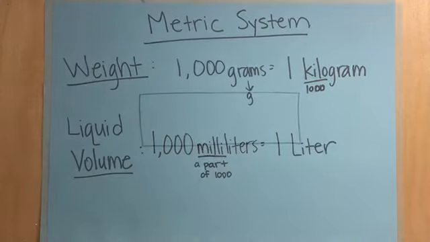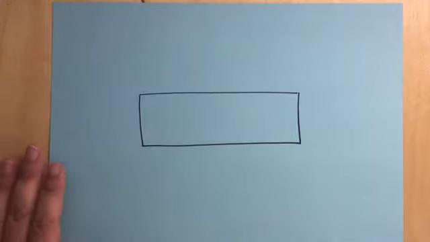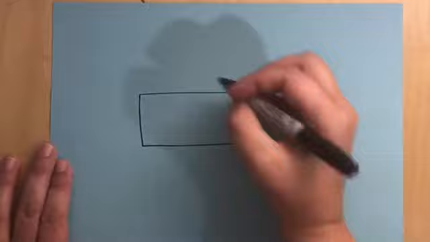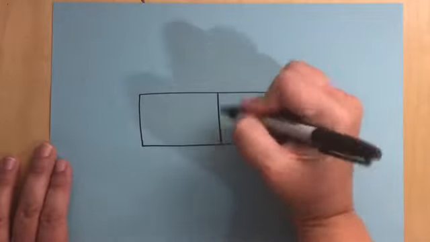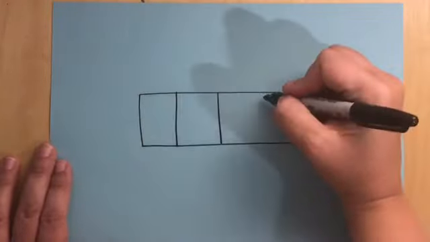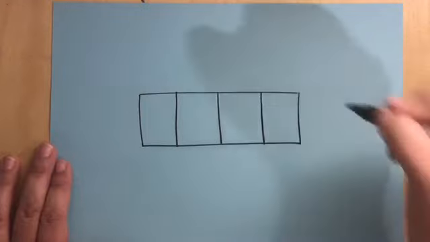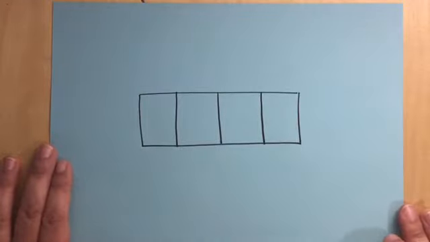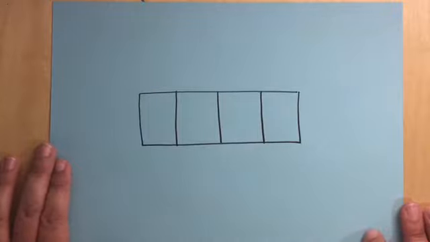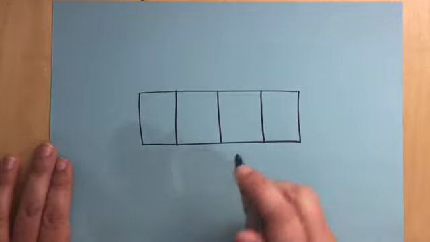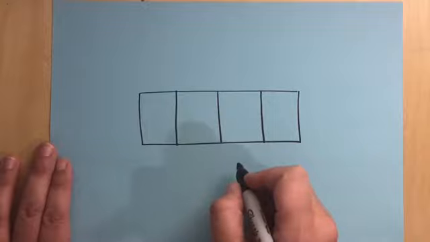On the note side of your paper, draw a tape diagram. Divide it into 4 equal pieces. We're going to label each of these pieces to show us how the metric system goes with the place value system that you guys already know about. We did this with grams and kilograms.